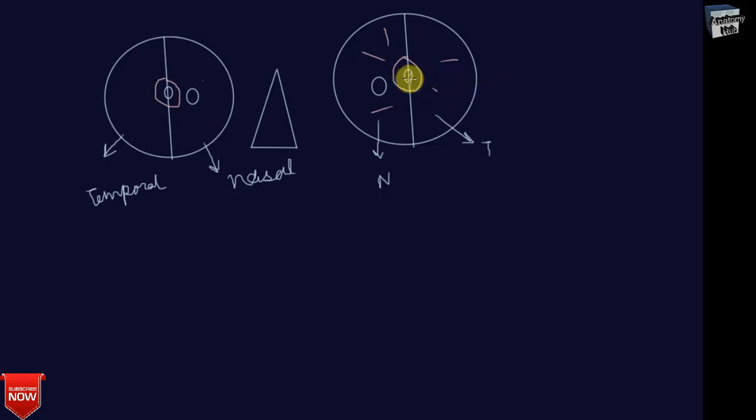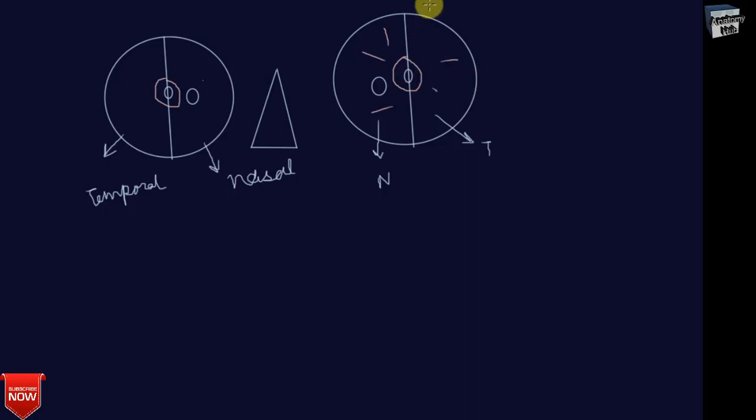So this is the macular area, this is your paramacular area, and this is your monocular area. We can divide the pathway in another way: the periphery is the monocular area, at the center is the macular area, and in between these two is the paramacular area.